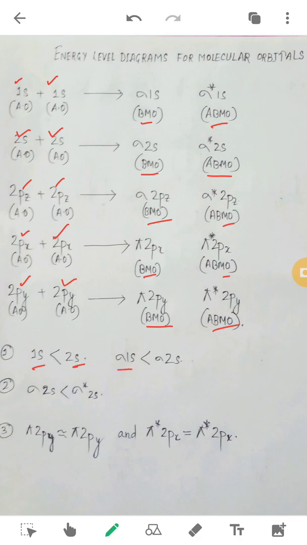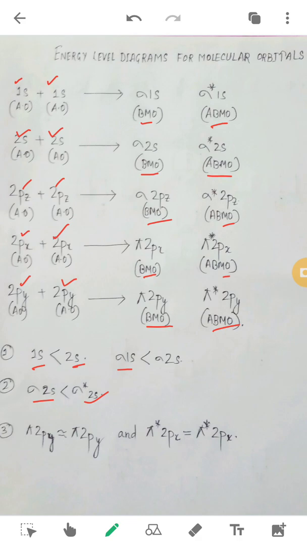Sigma 1s will have less energy than sigma 2s. If we have the same quantum number, that is the same shell, as with sigma 2s and sigma star 2s, then as discussed previously, the bonding molecular orbital will have less energy than the anti-bonding one in the same shell.